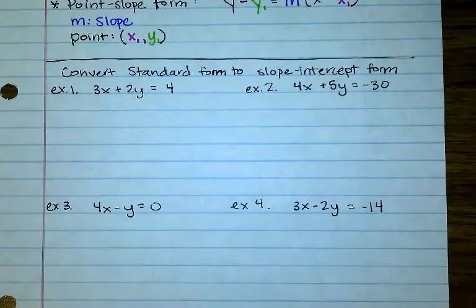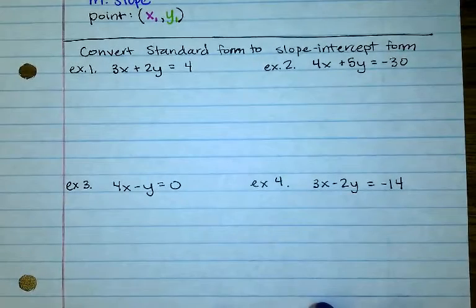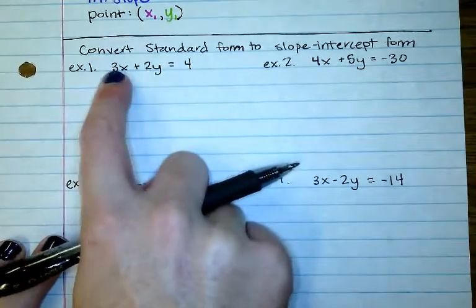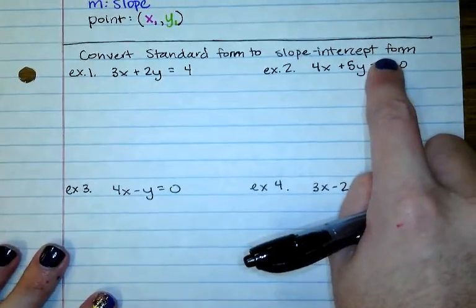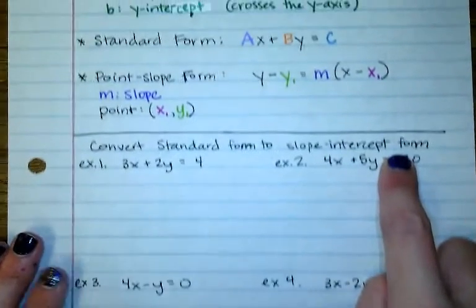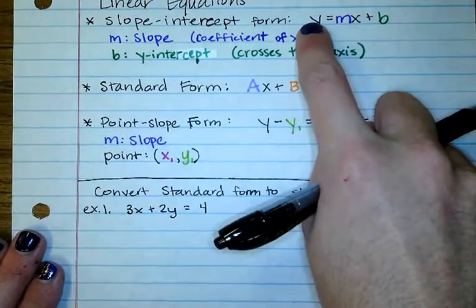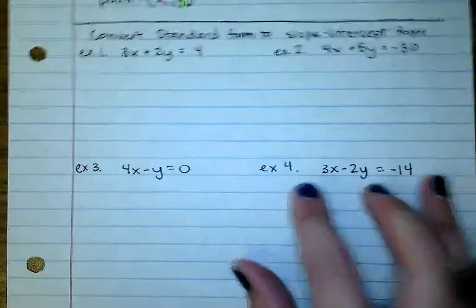So what I want to show y'all is how we convert these from standard form to slope-intercept. So guys, for each of these, standard form, we have the ax plus by equals c. What does slope-intercept form start with? What does it look like? Scroll back up here. What does it start with? Y equals. So guys, that means that we want to get the y by itself.